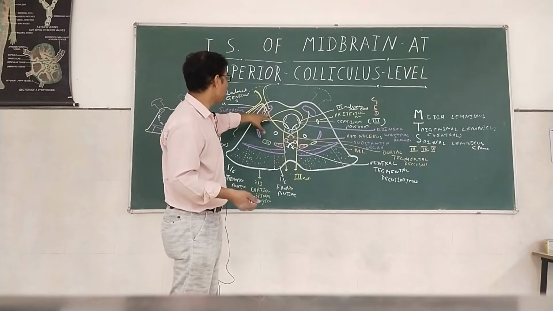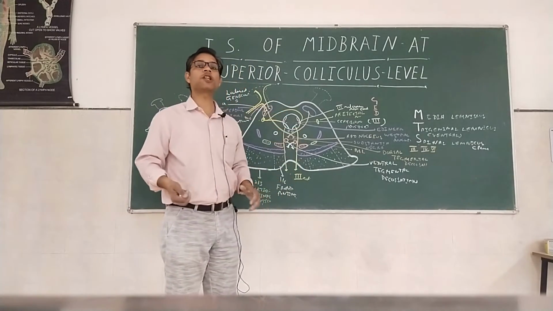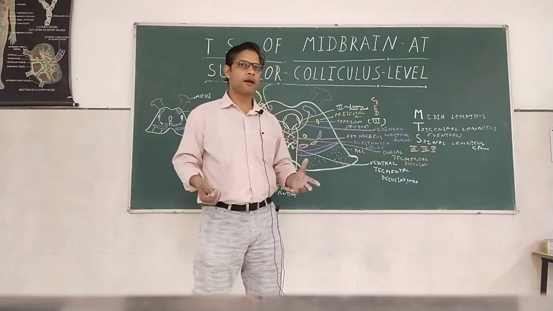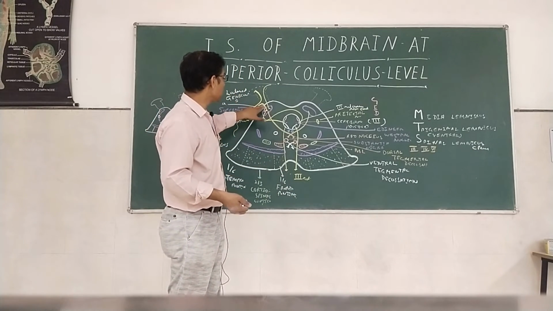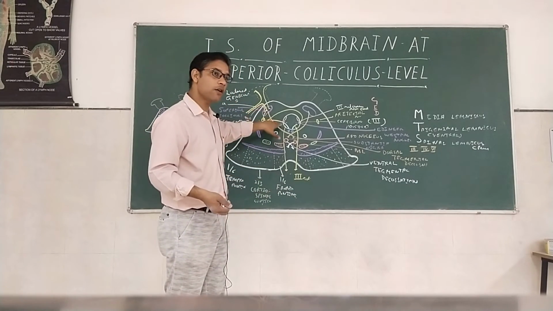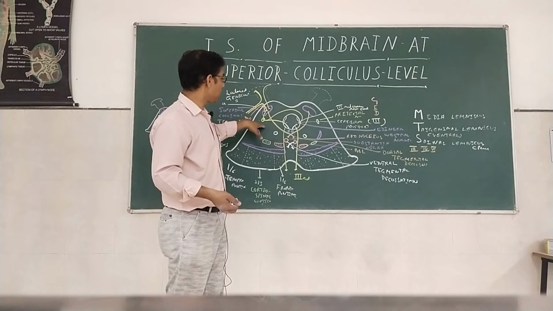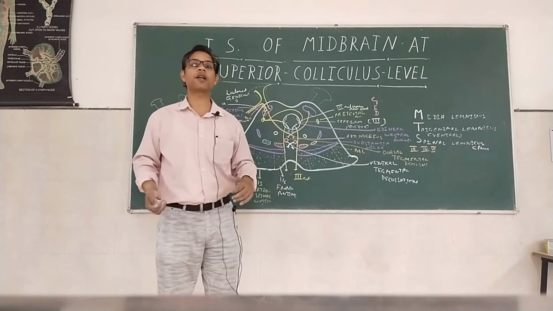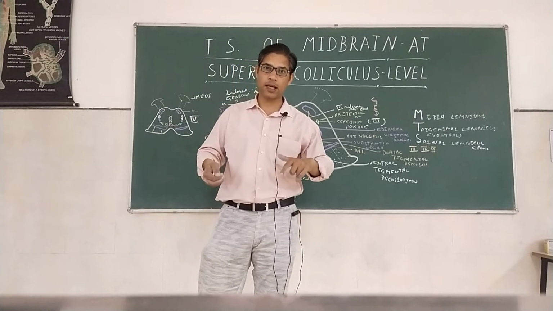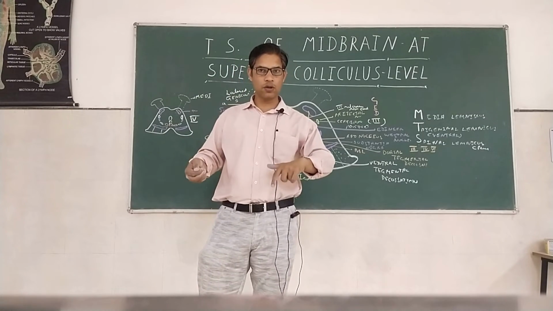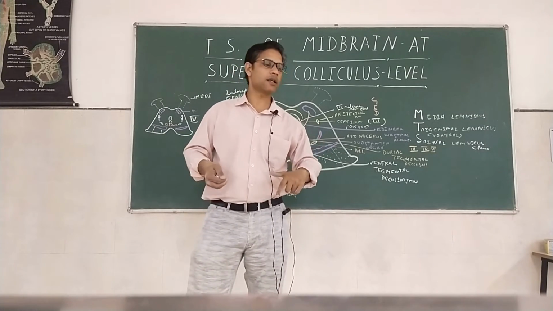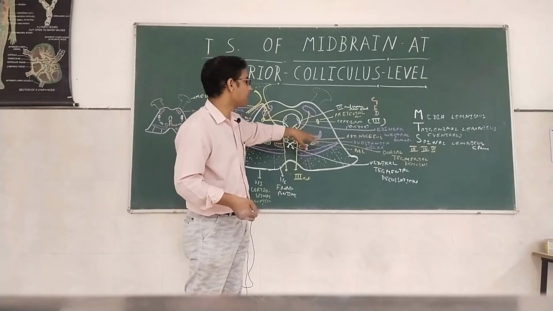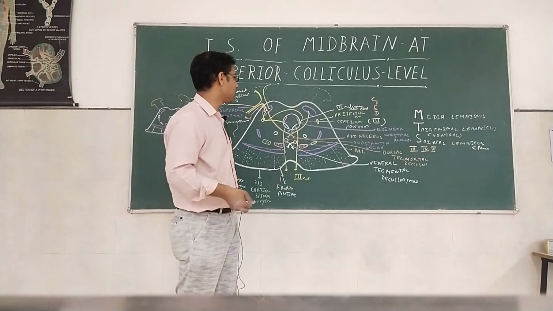Here the superior colliculus, which is concerned with the visual area, receives fibers from the retina, from the inferior colliculus, from the spinal level, and from the cortical level too, and decussates, creating the tecto-bulbar, tecto-spinal and other types of fibers, and this is known as the dorsal tegmental tract.